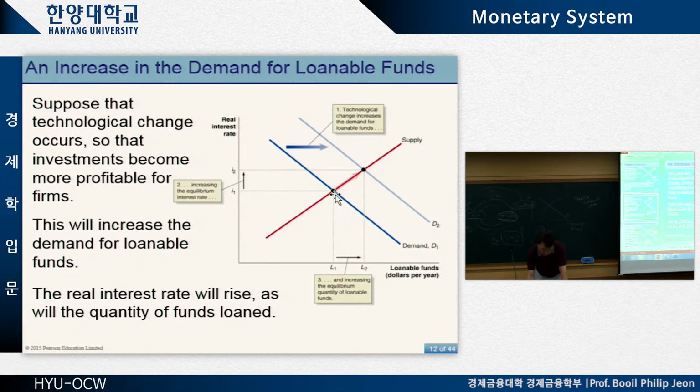Then from the initial equilibrium, initial interest rate of I1, what are we going to have? This is the initial equilibrium, right? And initially this was the market interest rate. And suddenly the demand shifts to the right. What are we going to have in this market?